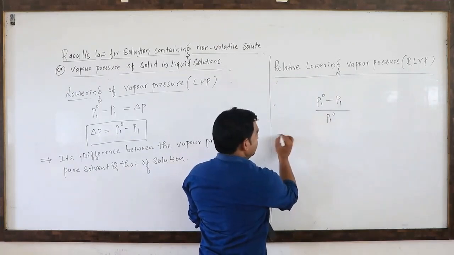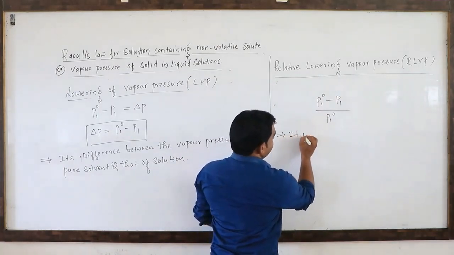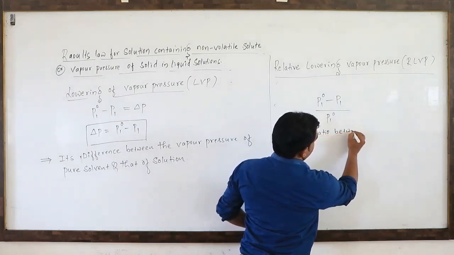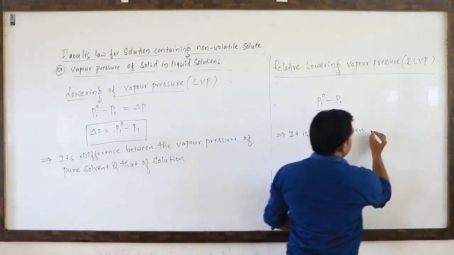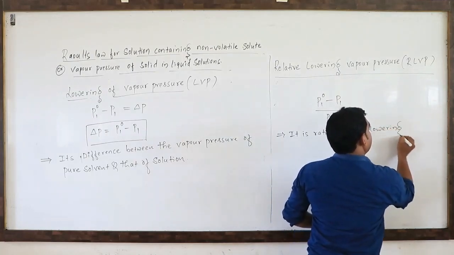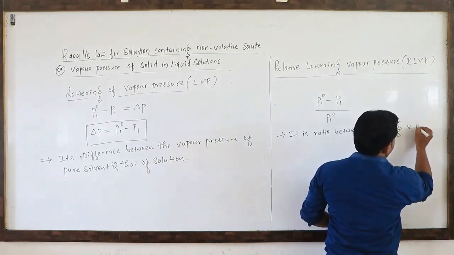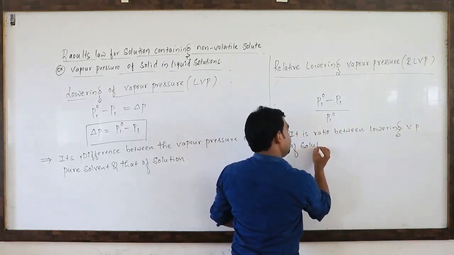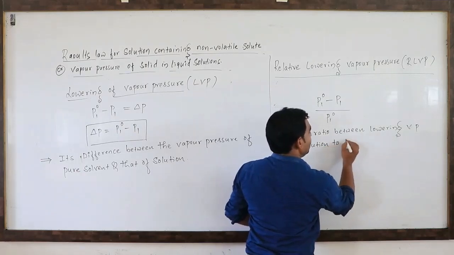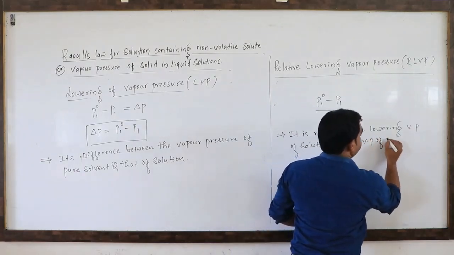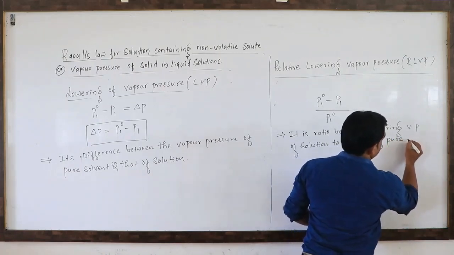How to define this? It is the ratio between the lowering of vapor pressure of the solution to the vapor pressure of the pure component.